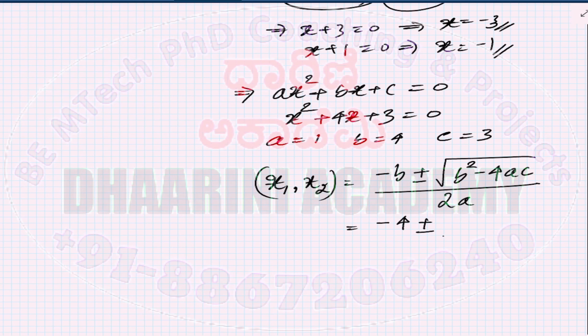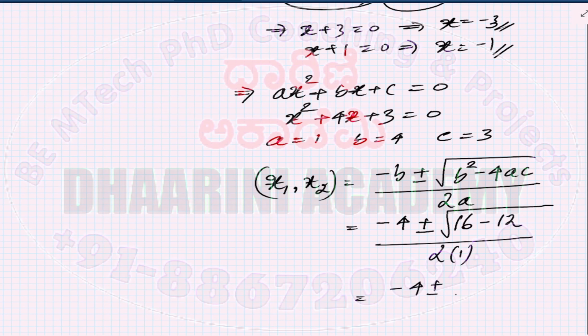So minus b plus or minus root of b square, 4 square, 16, minus 4 into a into c, so 4 into 3, 12, whole divided by 2 times a, which is 1. So this is minus 4 plus or minus root of 16 minus 12, which is 4.